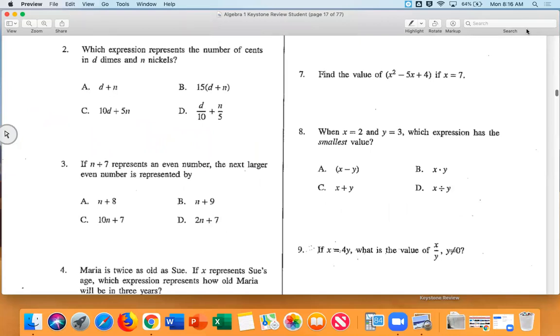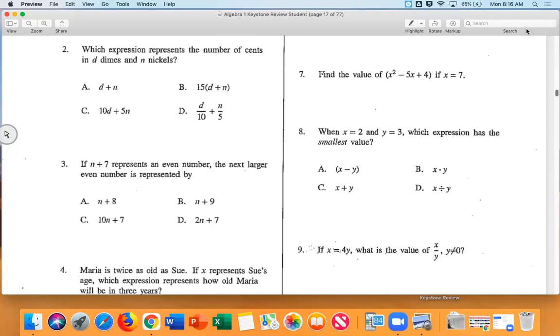How much is a dime worth? 10 cents. Nickel? 5. So up here, all right, seems silly, right? We should be looking for tens and fives, right? Okay, which one are you kind of drawn to? C, all right? So I would agree with you.